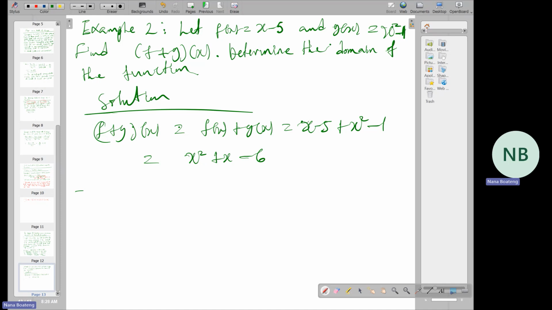So the domain of the individual functions: f of x has no restrictions, and the domain of g of x also has no restrictions.